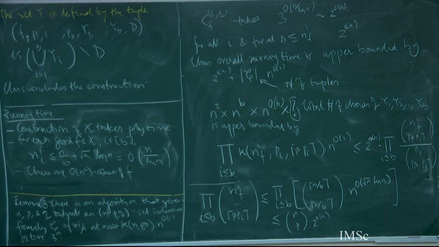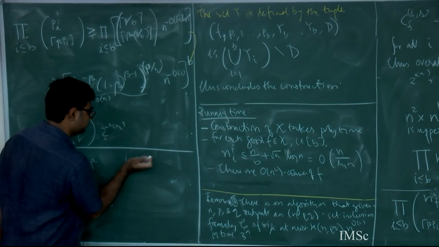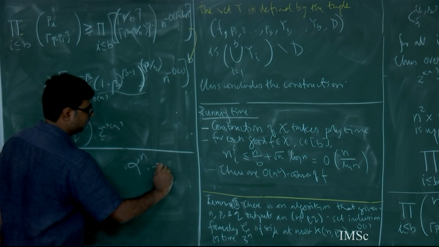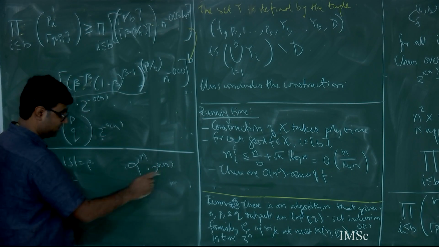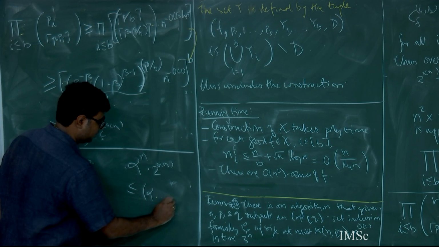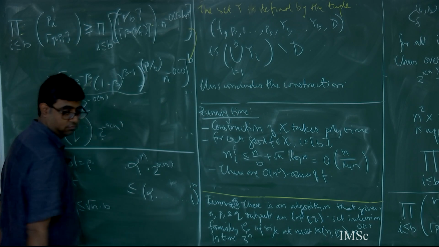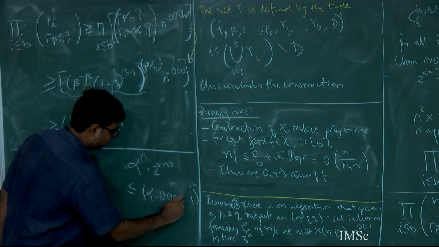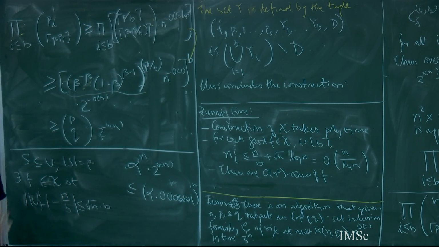So what I mean by this: suppose you have alpha to the power n times 2 to the power little o of n. This is less than or equal to, for large n, alpha-prime to the power n, with all those zeros, however many zeros you want. So that is why you do not care.